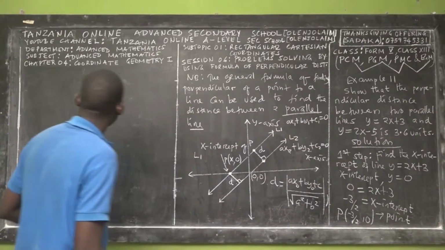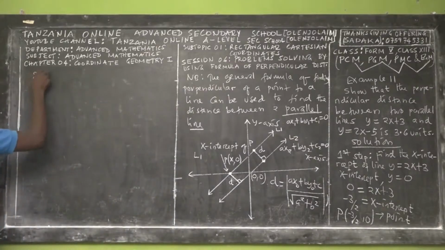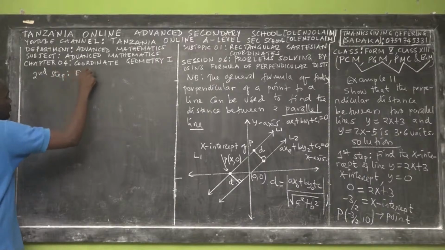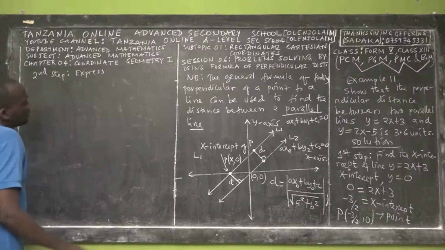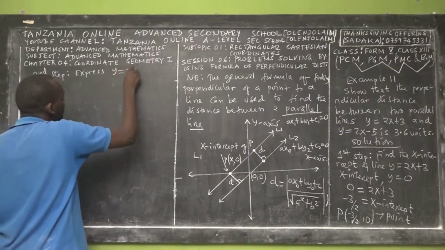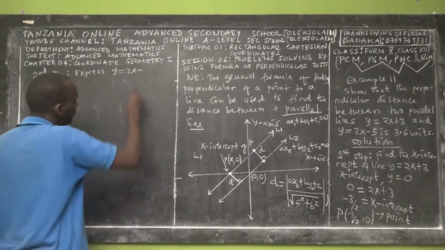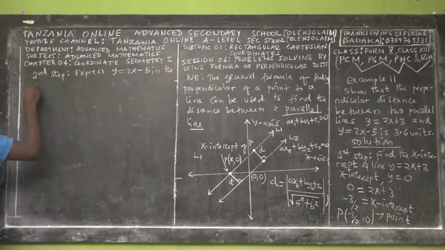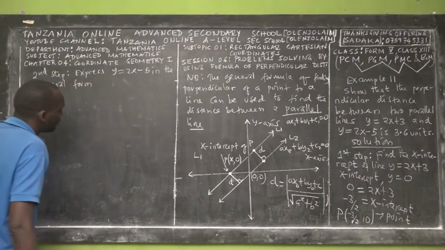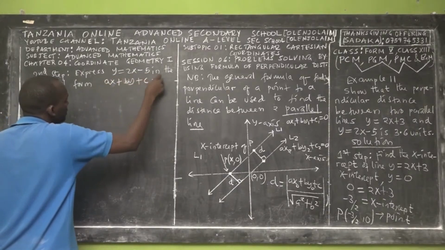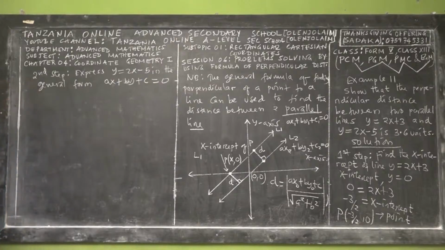Okay, so the second step, we have to express y is equal to 2x minus 5 in the standard or general form, which is ax plus by plus c is equal to 0.